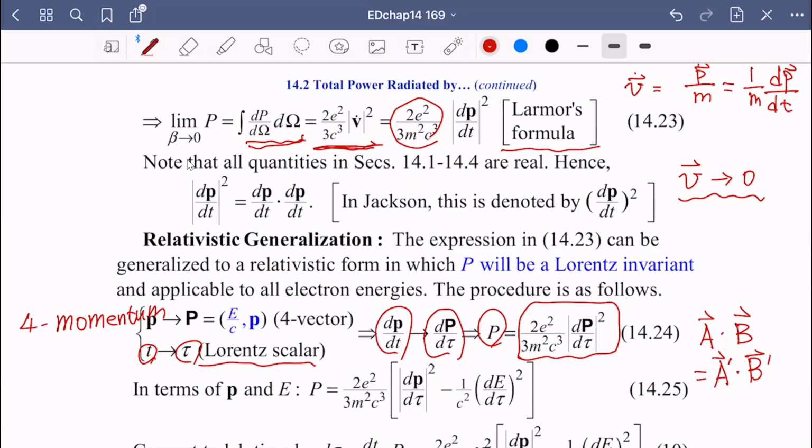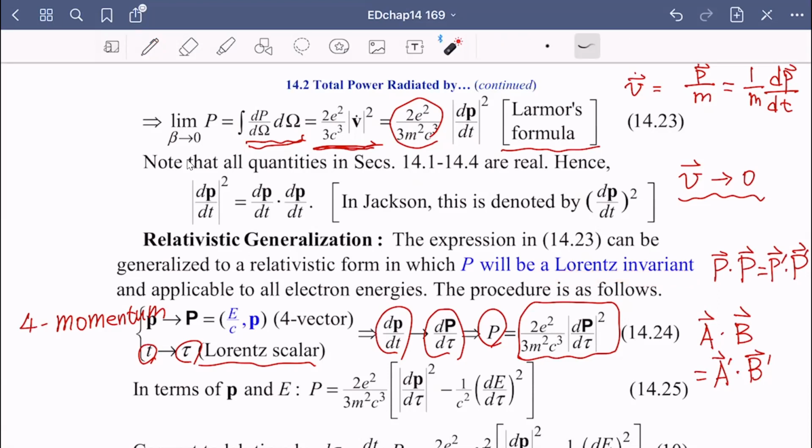So P is a 4-vector, 4-momentum, and P dot P will be independent of the frame. You can imagine P dot P will equal P prime dot P prime. Okay, the same, invariant.